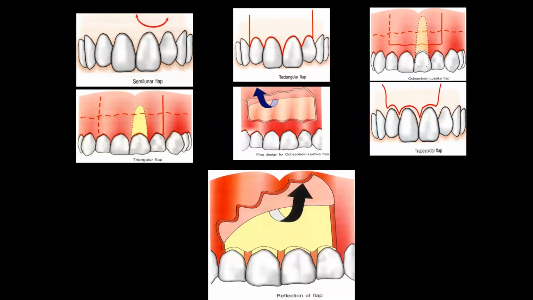This diagram is also very important for the designs of flap in endodontic surgery. These are all simple line diagrams, I request all of you to go through them once. There is one horizontal incision and two vertical releasing incisions given. At least to illustrate your answers, this line diagram should be there.